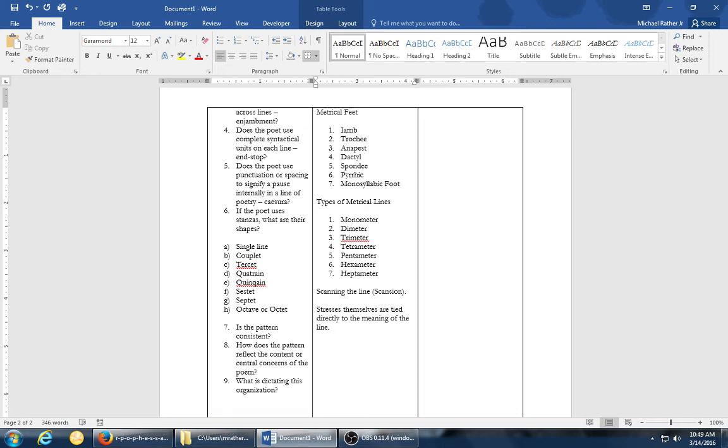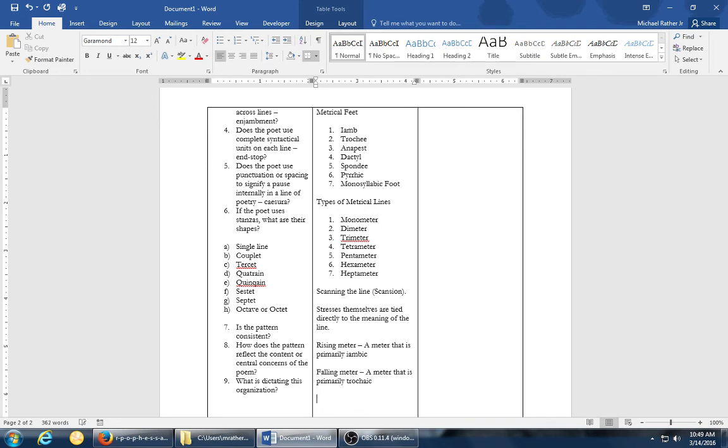You also have the idea of rising meter. This is a meter that is primarily iambic, and you have falling meter, a meter that is primarily trochaic.